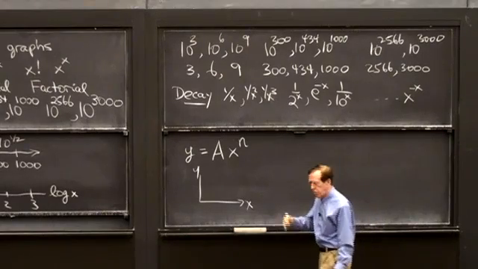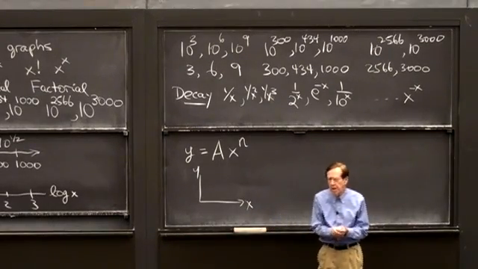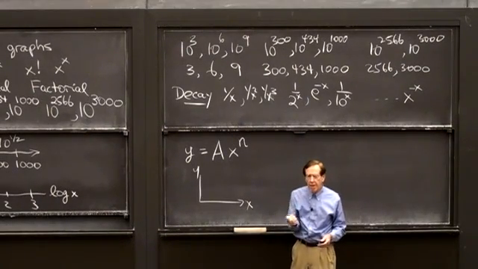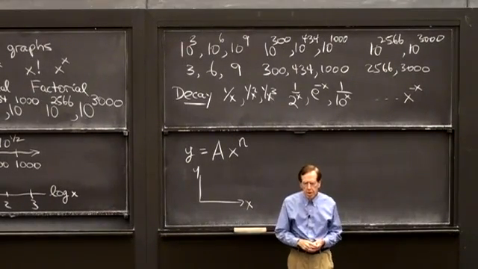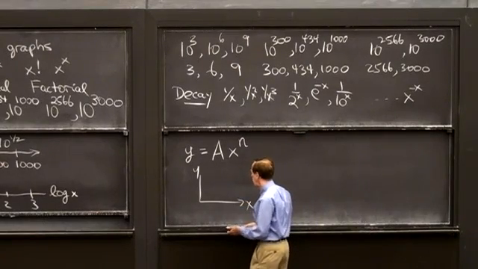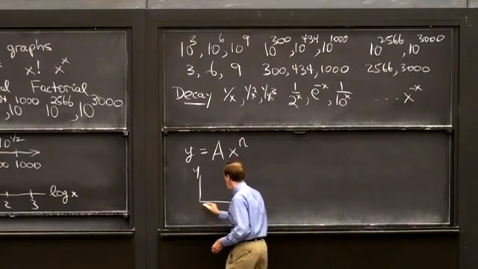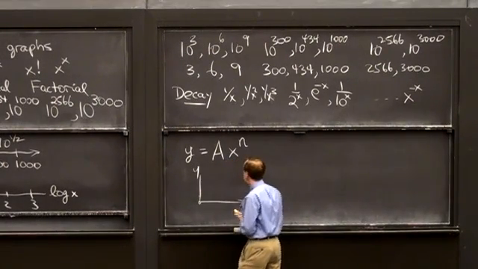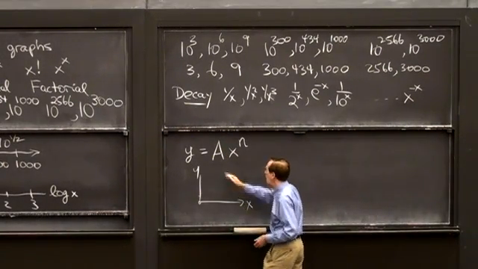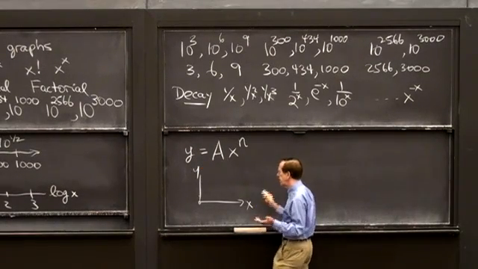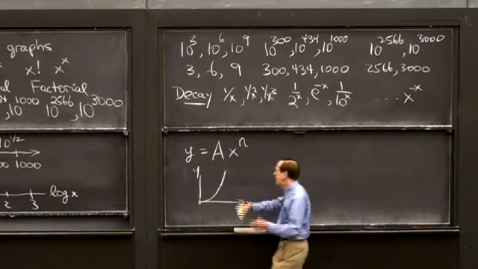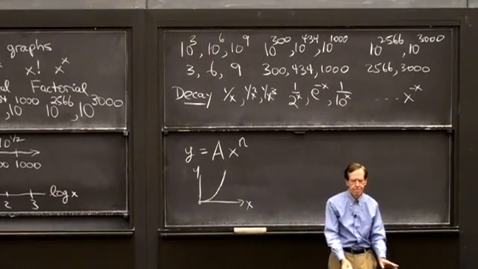Suppose my growth rate, and this is very possible, is x to the 1.5. And a is some number, who knows, could even be 1. Suppose a was 1. So then I'm graphing y as x to the 1.5. What does that look like? Well, it looks like that.